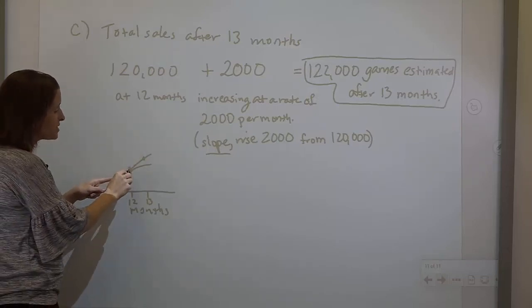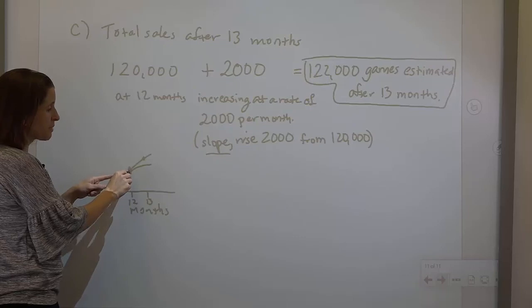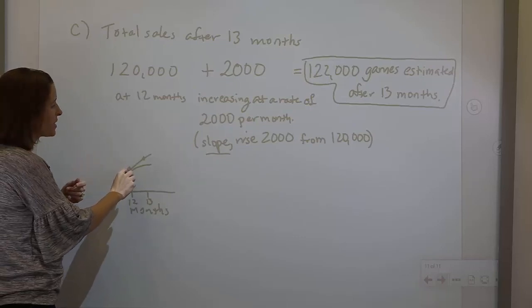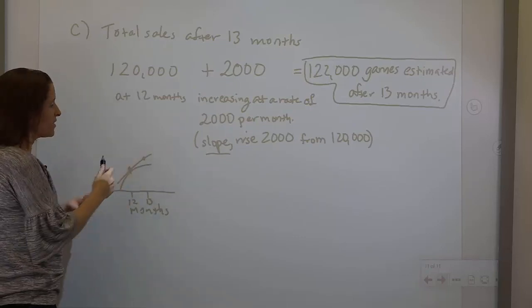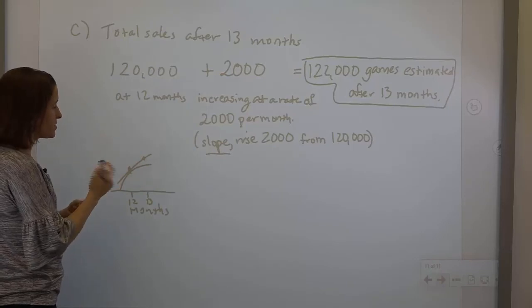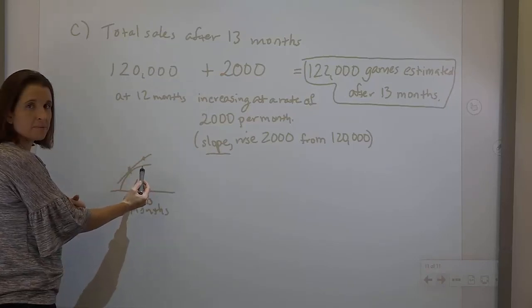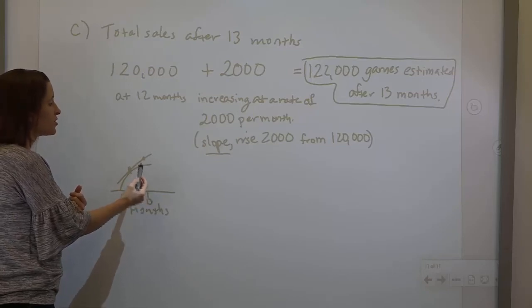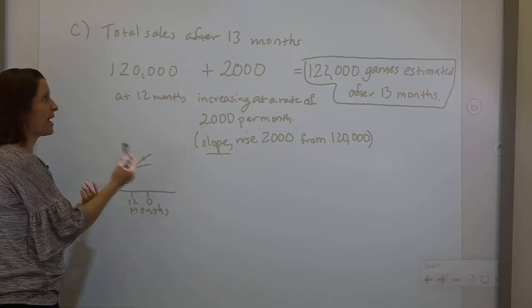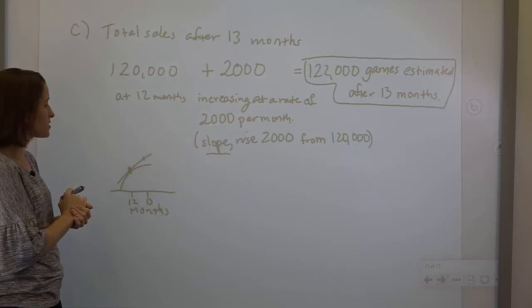At this moment, the slope, which is modeled by the slope of the tangent line, is whatever it is. It's 2 for us, 2,000. And that means that if you move over one input, which is months, you should move up by this much.